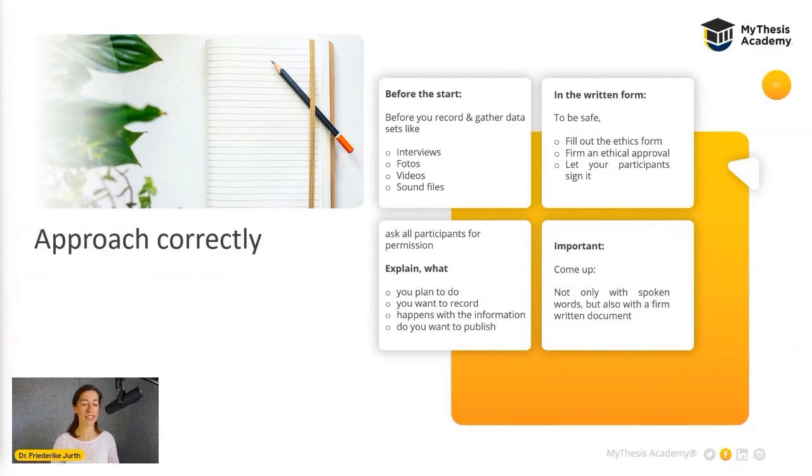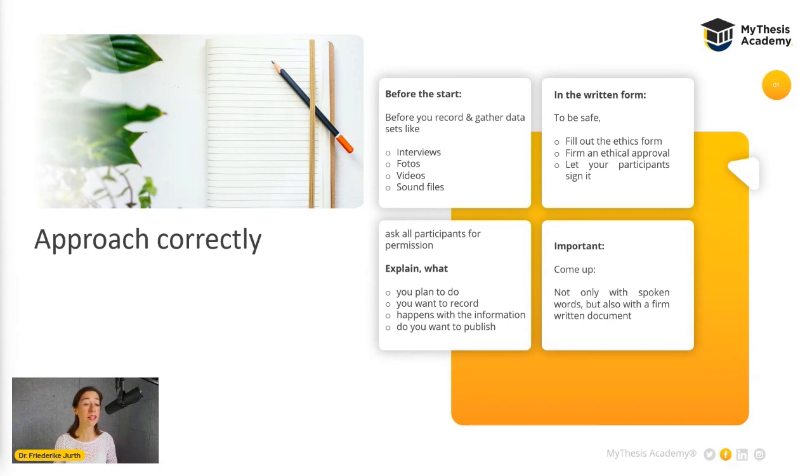Now we will get to the next point, which is the question of how to approach participants correctly. So before the start, be aware of the type of data sets which you want to gather. So are we talking about interviews? Are we talking about photos, videos, sound files?